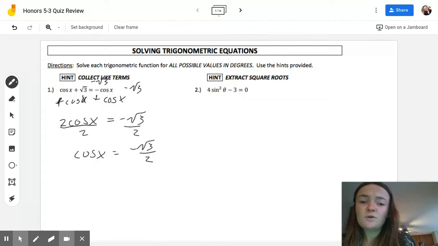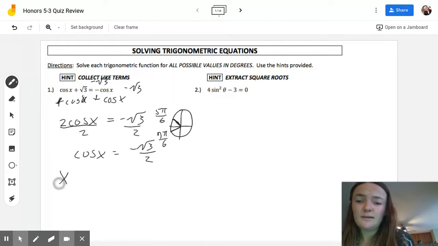So on my unit circle, what I'm really asking is when do I have an x value of negative radical 3 over 2? Well, that happens here, and it happens here. It happens at 5 pi over 6. Sorry, sometimes I have to remind myself. And then it also happens at 7 pi over 6. So let's go ahead and write these down.